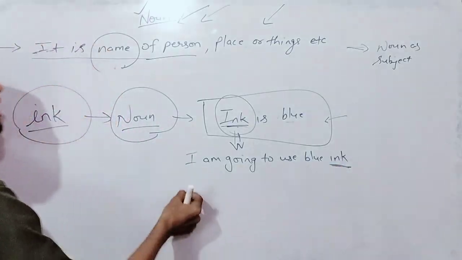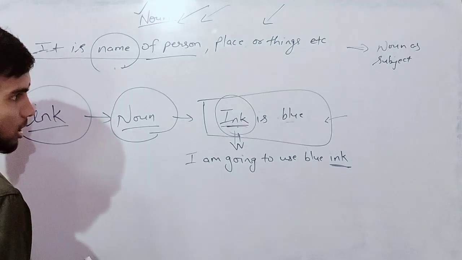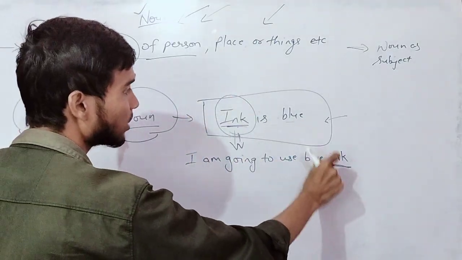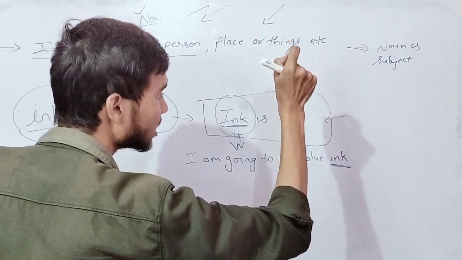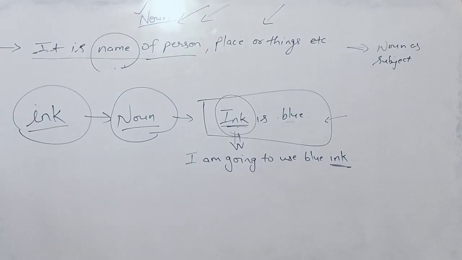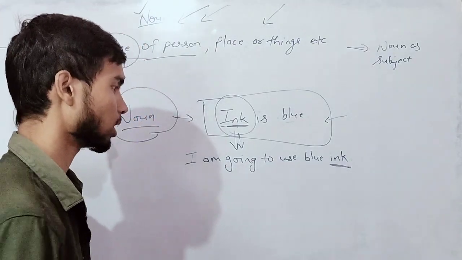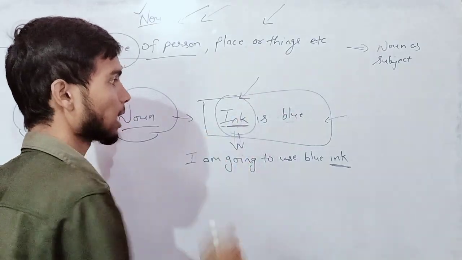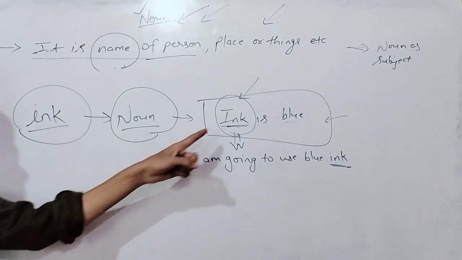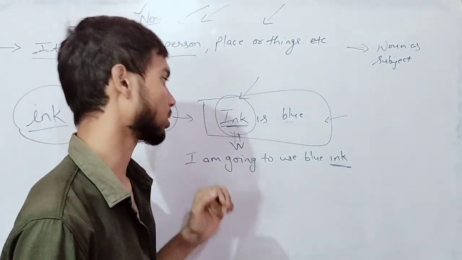Because it is not coming in the place of a subject. It is not coming in the first place. That's why we can say it was used as an object. Clear. Now here, ink word is in first place, and we can say ink word is being used as a subject.